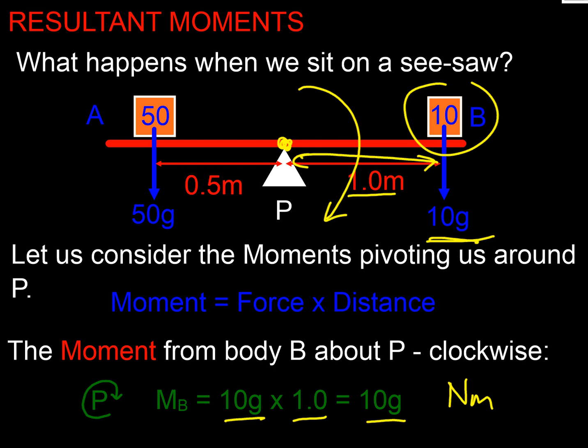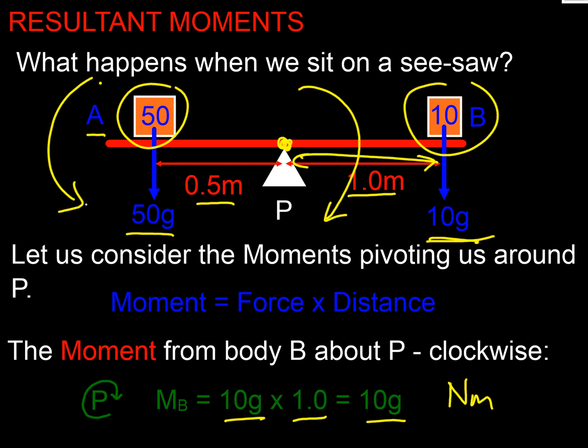So that was dealing with force B. Now we've got body A here, which has a weight of 50 kilograms. So that's got a force of 50 g, and that's at 0.5. And it's trying to make the beam rotate in the opposite direction.